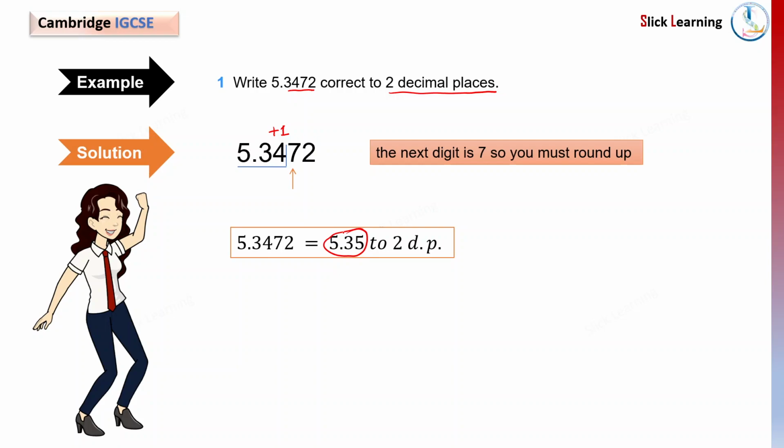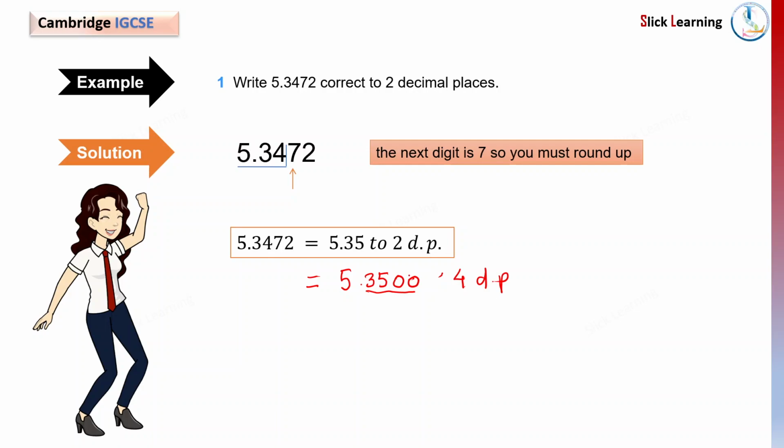One thing you must note down: most students make the mistake of writing 5.35 and then the last 2 digits as 00. That is the wrong way of doing it. If you round to 00, then this answer is up to 4 decimal places.